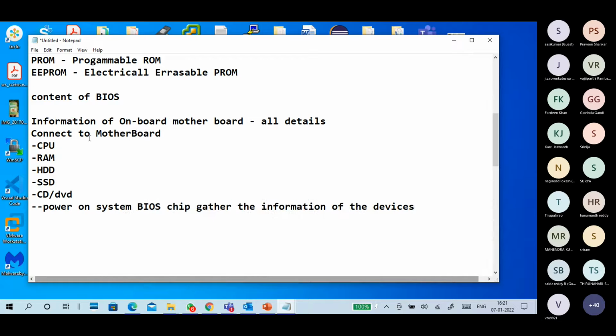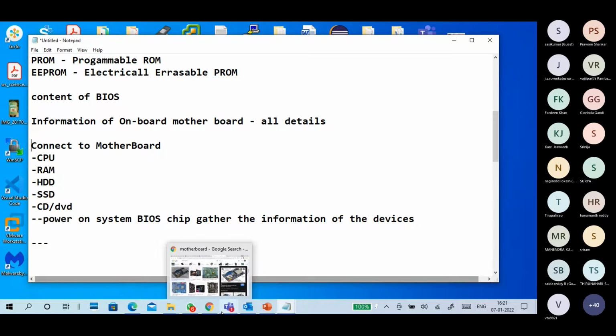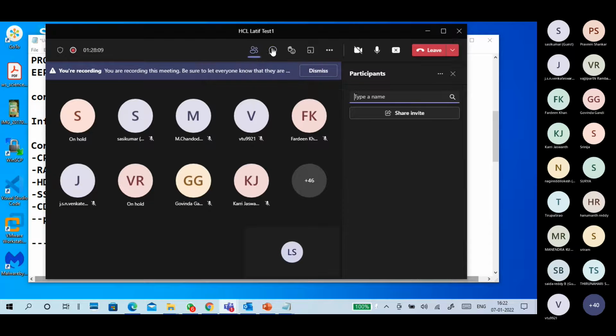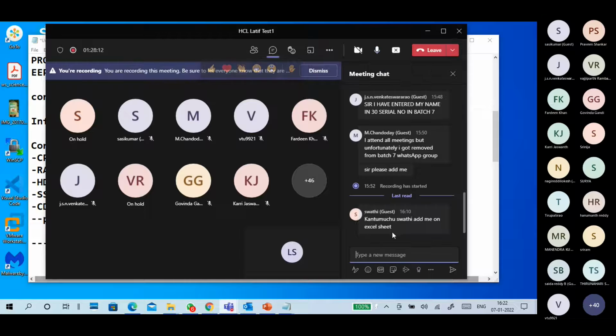It will gather the information of the devices. So next, it stores some data, some more data. So onboard motherboard details, permanent details are there. So no problem, no change in that one.